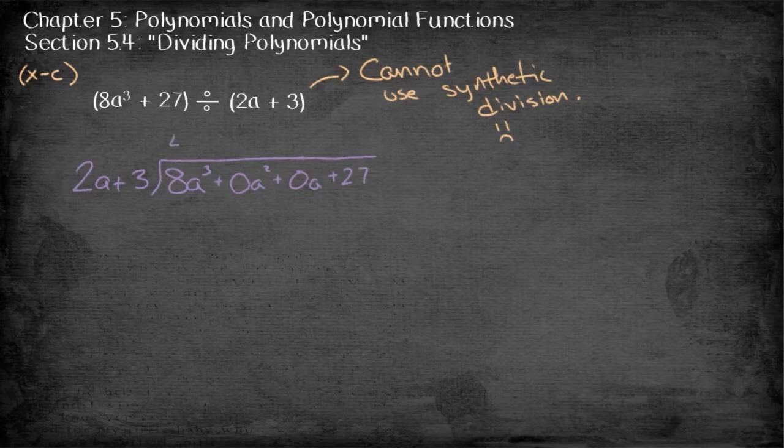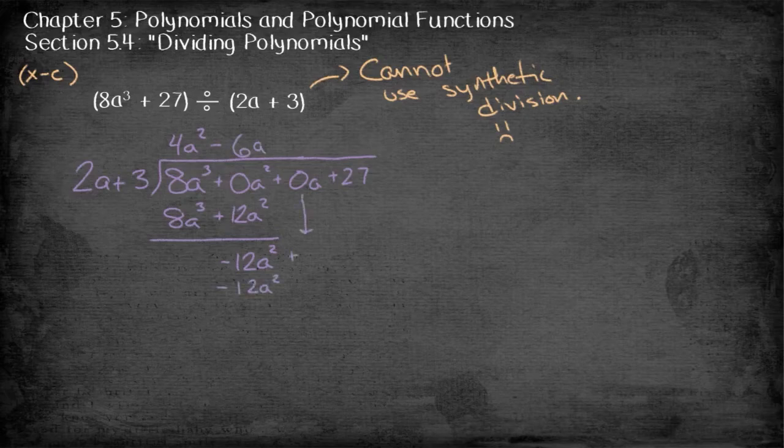All right, now how do I get 8a cubed from 2a? I multiply by 4a squared. That makes, when I distribute, I have to multiply 4a squared and 3, which gives me 12a squared. I'm subtracting, so now I have negative a squared. How do I get negative 12a squared? I gotta multiply by negative 6a. Don't forget to bring down our 0a here. And negative 6a times 3 is negative 18a.